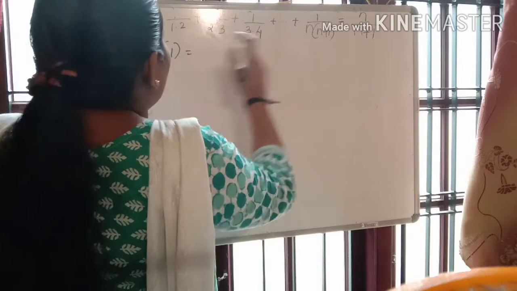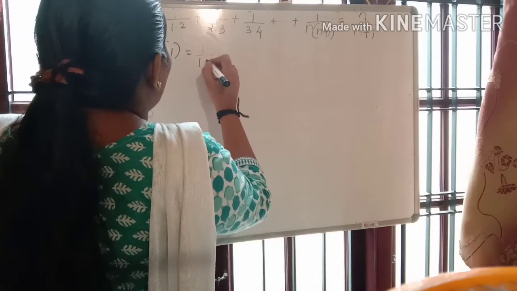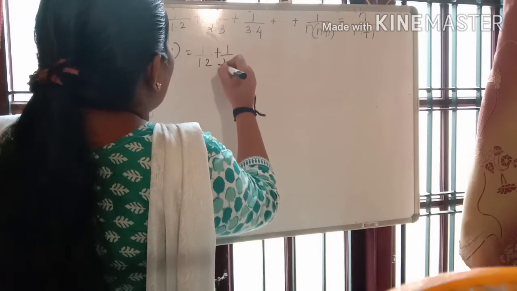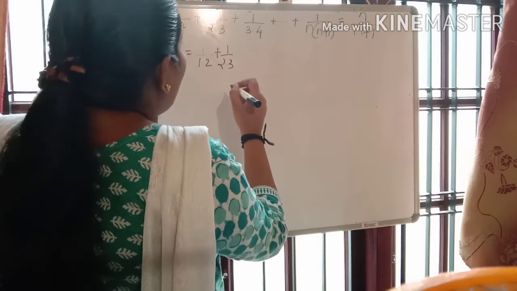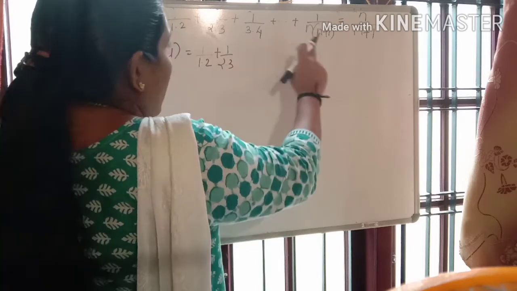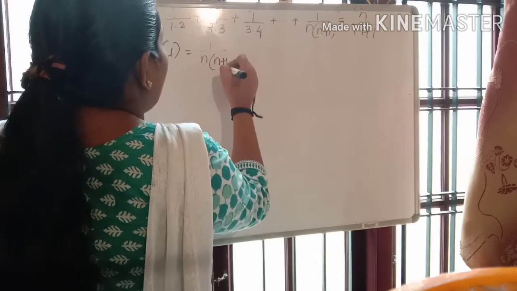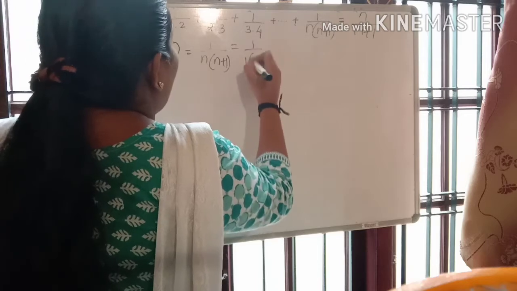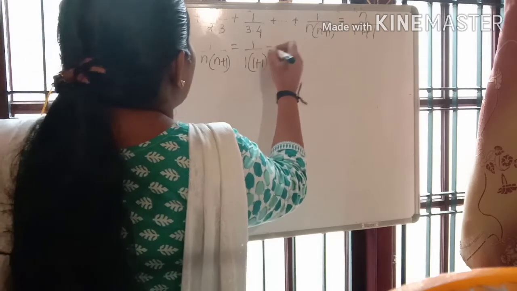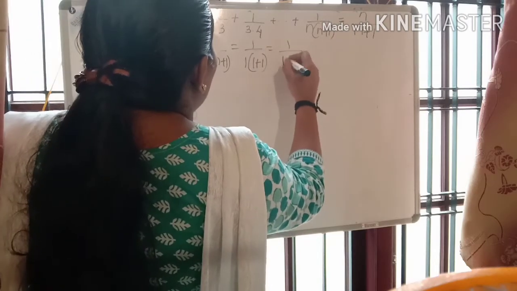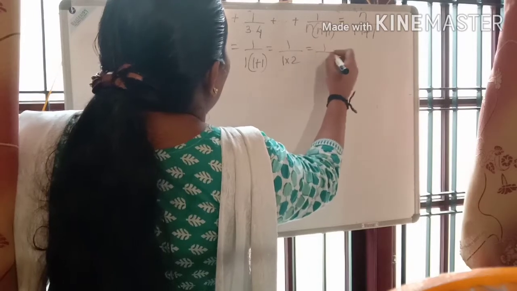So, for that, put n equal to 1. P of 1 is equal to 1 by 1.2 plus 1 by 2.3 plus up to n into n plus 1. That means 1 by 1 into 1 plus 1, that is 1 by 1 into 2, which is equal to 1 by 2.